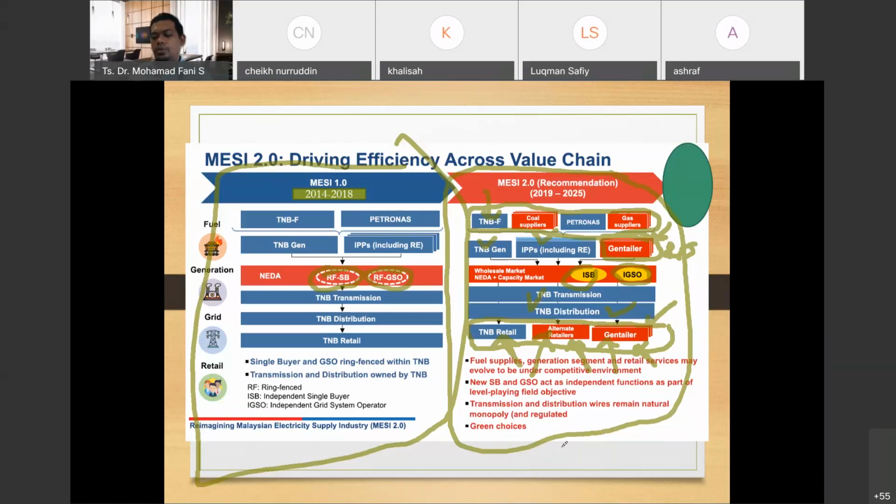Or if you care about the environment, you can select the green tariff from the RE, from the PV, and pay this provider to supply electricity to your house.